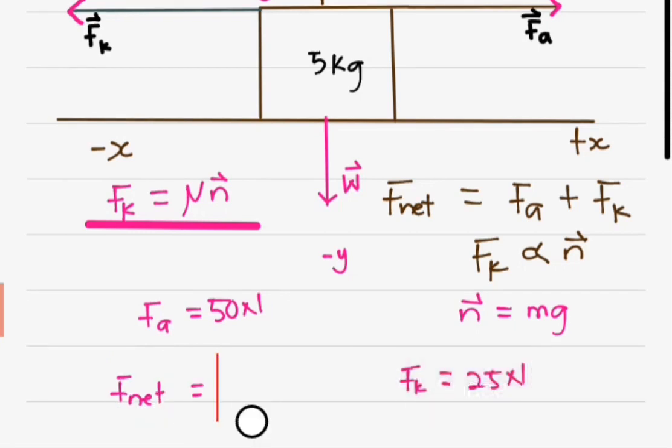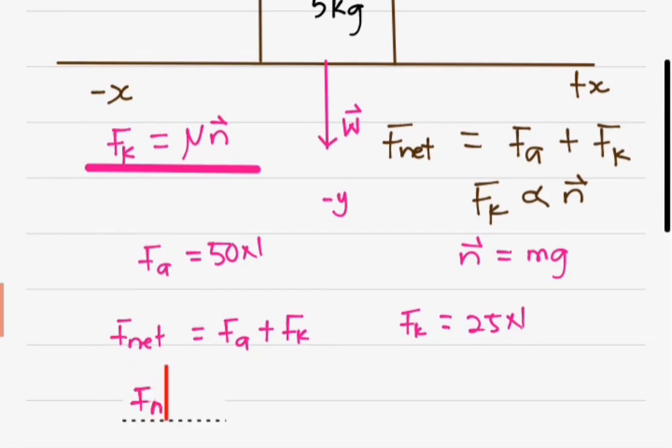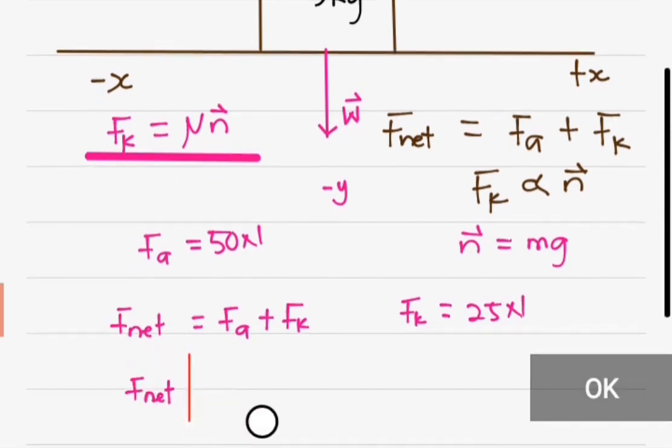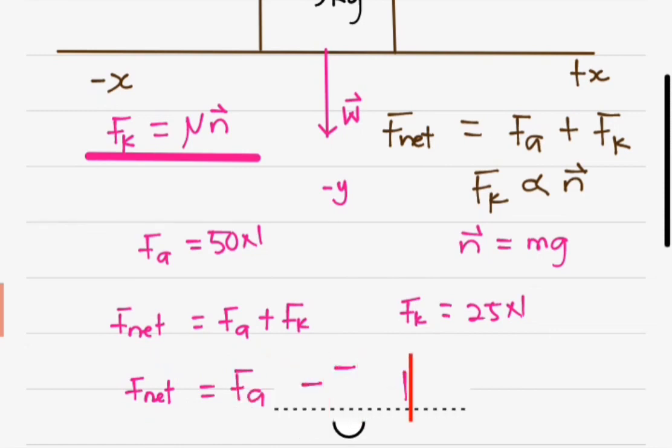Is going to equal your force applied plus the force of friction. Now, since we know that friction is acting in the opposite direction, or it is opposing the motion and it is acting in the negative x direction, it is going to be a negative. So that's Fa minus Fk.